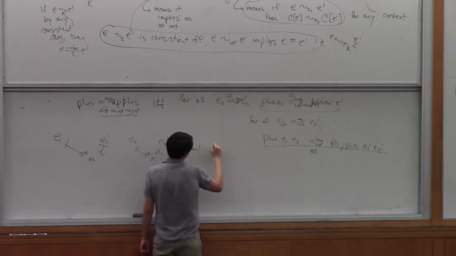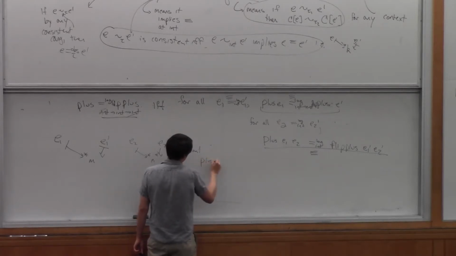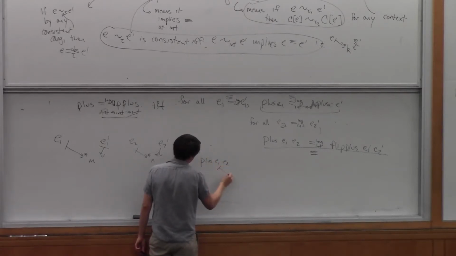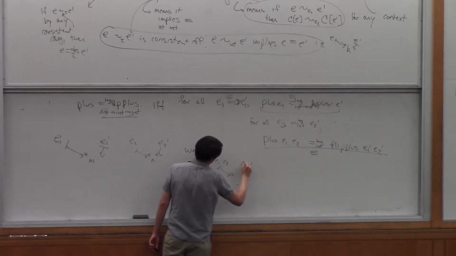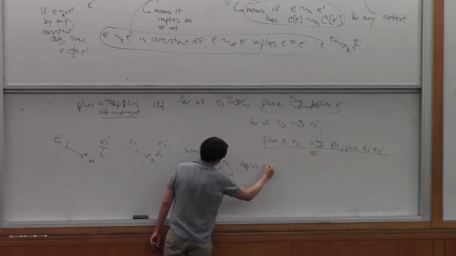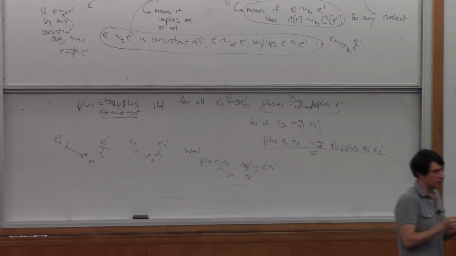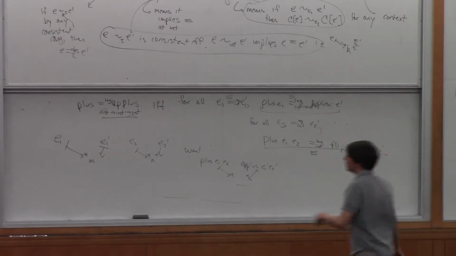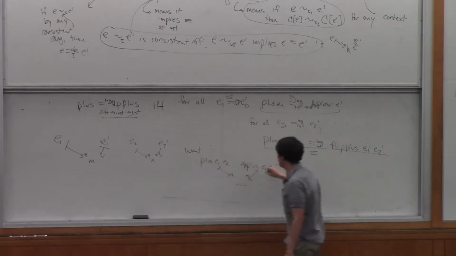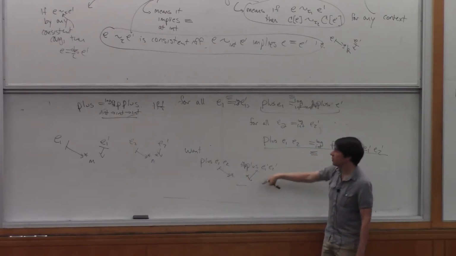And we want that plus E1, E2 and flipped plus of E1 prime, E2 prime run to the same number. So what we've got is that E1 and E1 prime have the same numeral value, and so do E2 and E2 prime. And we need to know that plus E1, E2 and plus E1 prime, E2 prime have the same number.